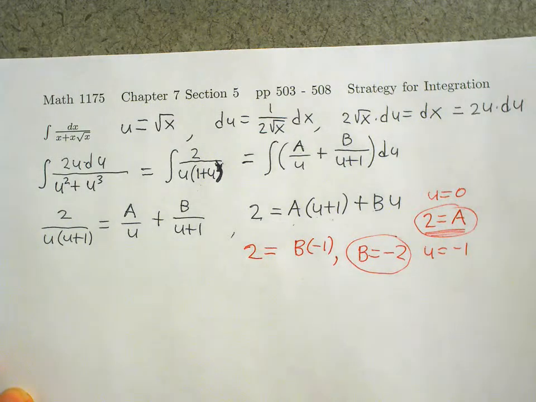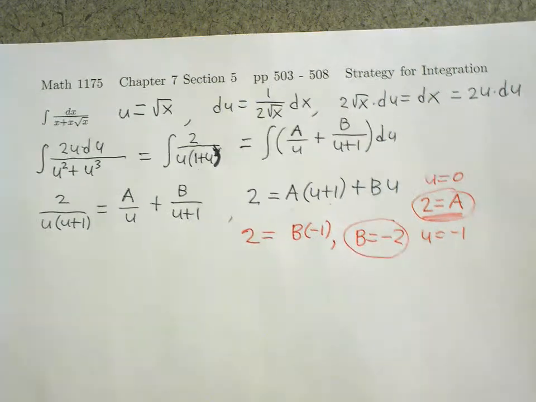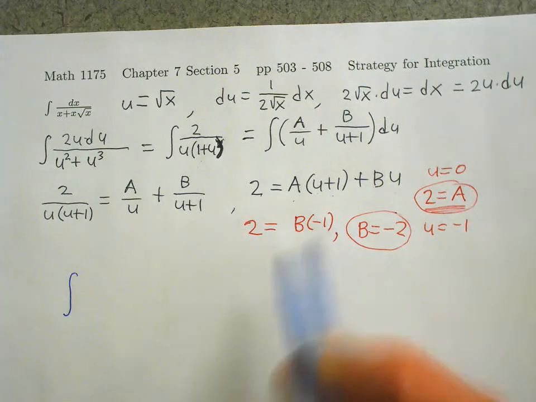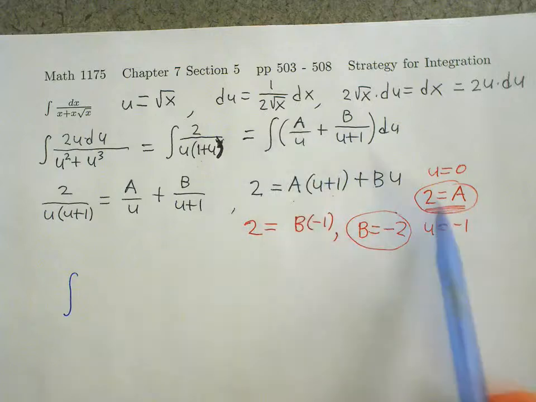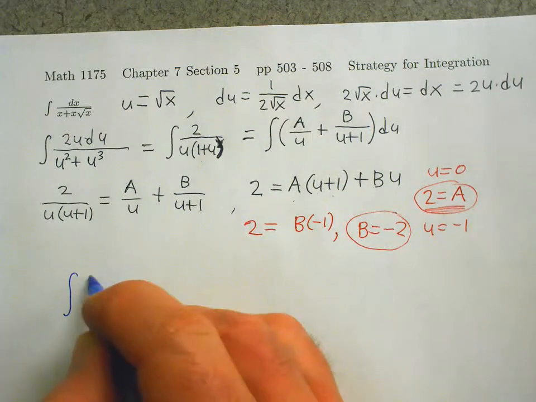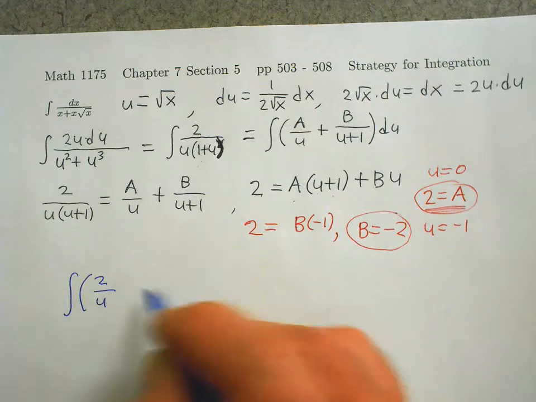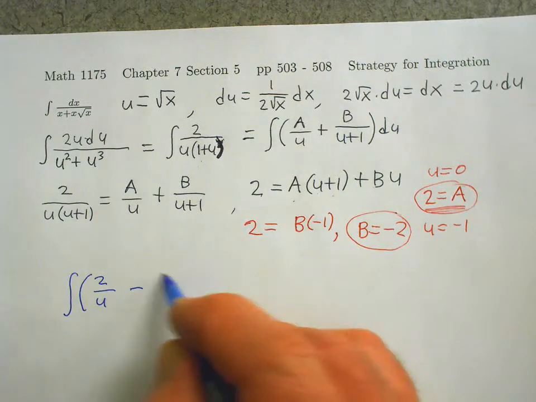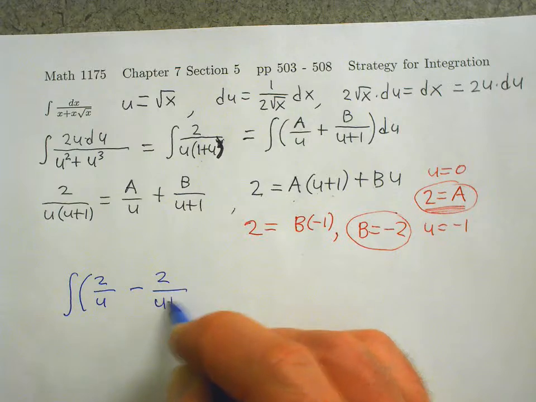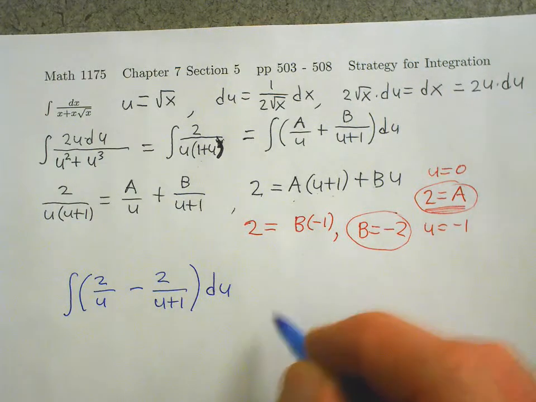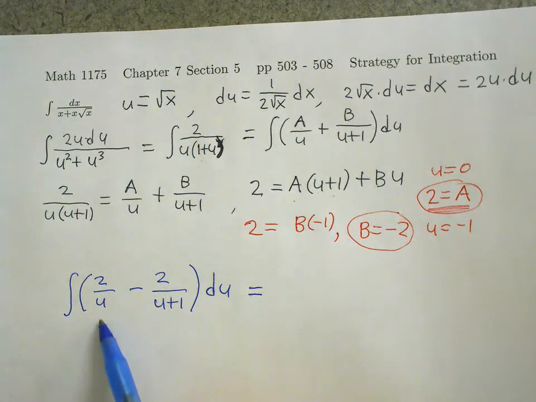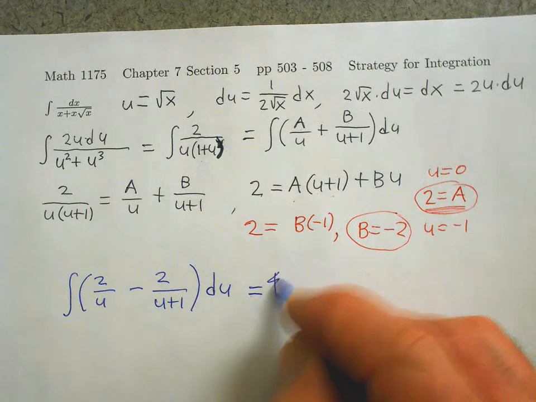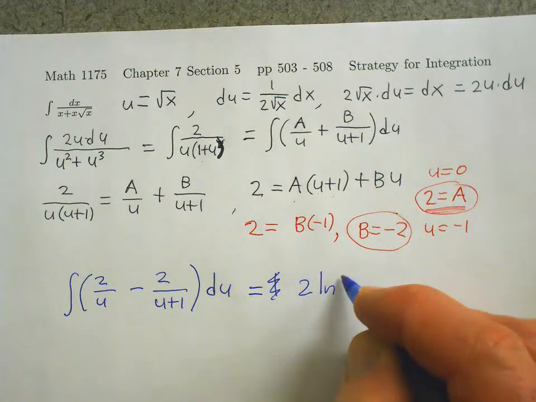Okay, so now we can proceed to evaluate the integral. Since a is 2, we have the indefinite integral of 2 over u. B is -2, so I'm going to write this as minus 2 over u plus 1 du. Then the indefinite integral of 2 over u with respect to u is 2 times the natural log of u.